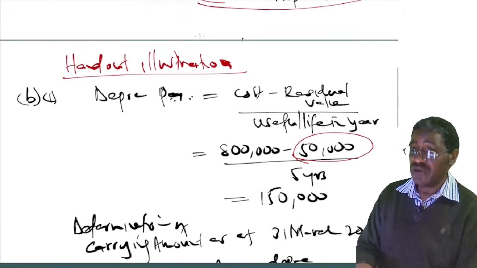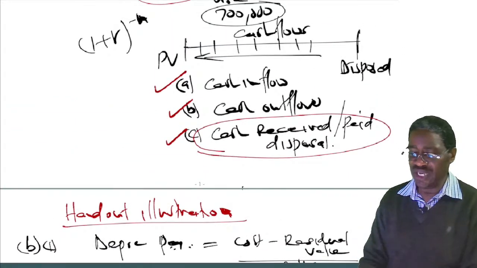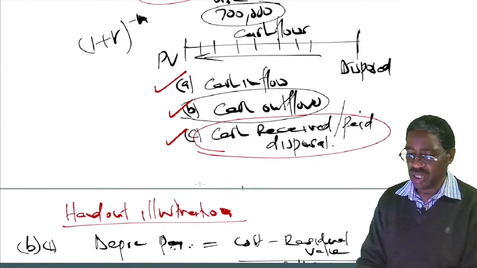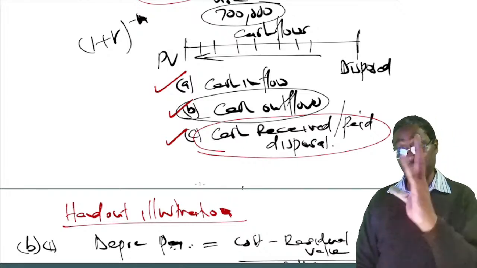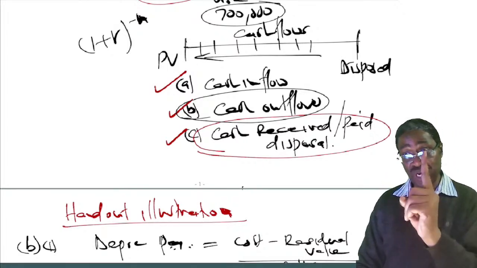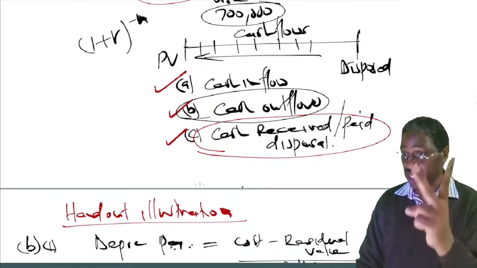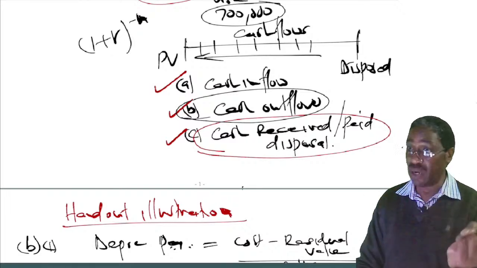From this question, and even from your past papers, they have no cash outflow. Remember, there are 3 components to get the value in use. One is cash inflow, which is the common one. Two is cash outflow, which I have not seen a question including.